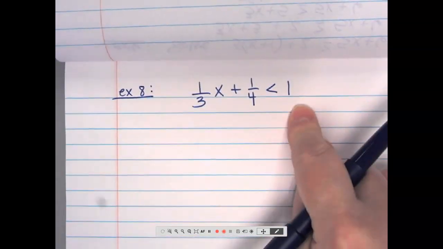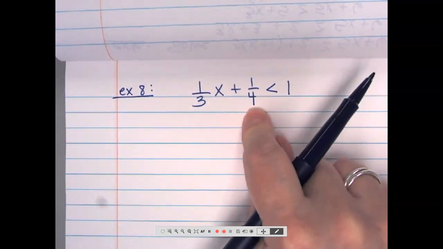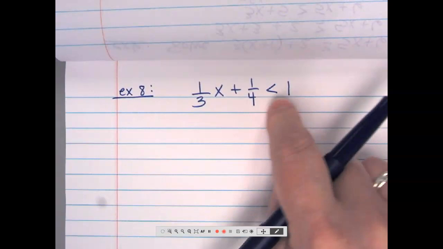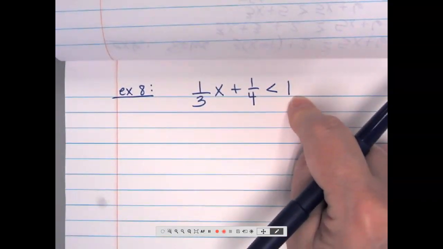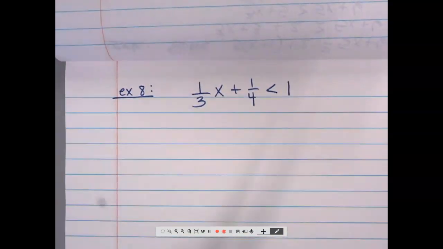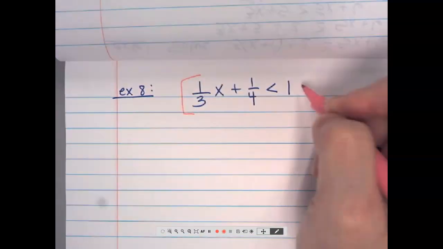Yes, since I just have one number on this side, which was not the case with the other ones, and this is just a number, I could combine those first. I'm still going to multiply by 12 in the end, so I'm just going to go ahead and start out that way, but if you prefer to combine the 1/4 and the 1 first, you can do so.